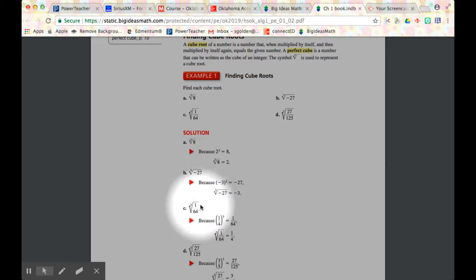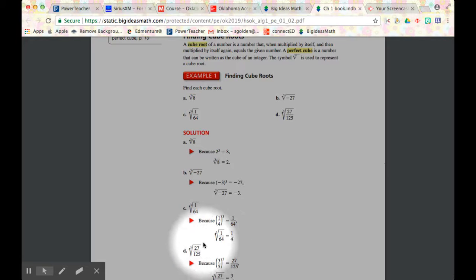But to break it down, what is the cube root of 1? What times itself 3 times will equal 1? That one's easy because it's just 1. But on the bottom, the cube root of 64 comes out to 4 because 4 times 4 is 16. 16 times 4 more is 64. So the cube root of 1 over 64 is just 1 over 4.